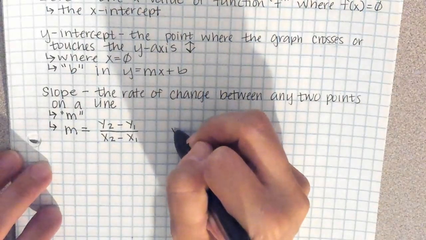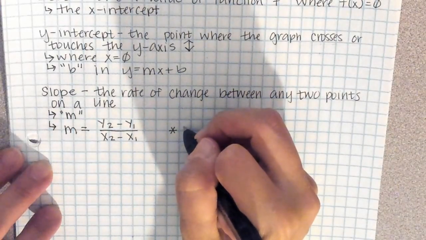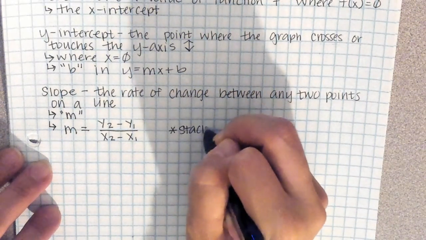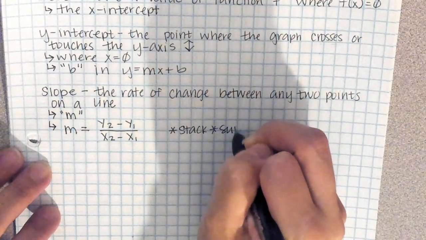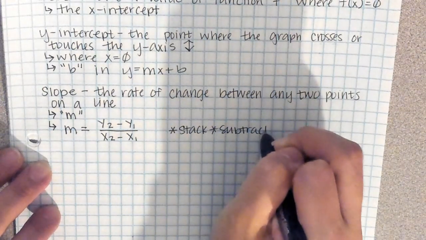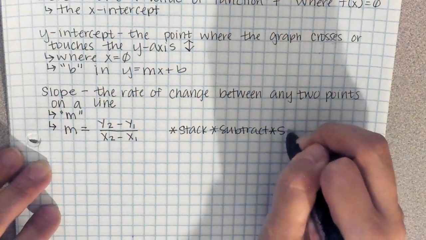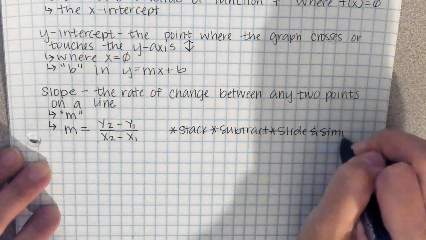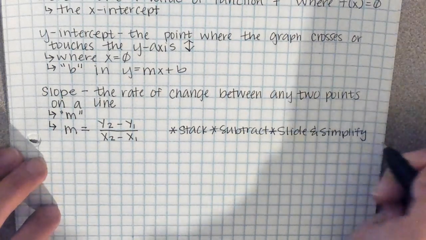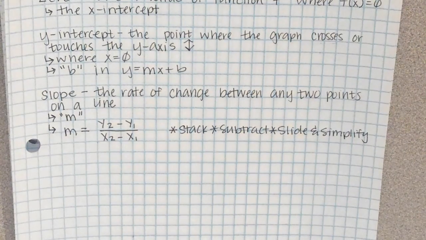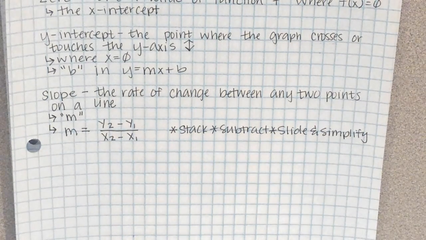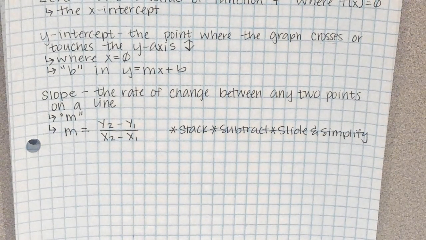This year I'm going to show you a different way of attacking that formula, which we call stack, subtract, slide, and simplify. So 4 S's. Stack, subtract, slide, and simplify. It is just another method to add to what you can use.